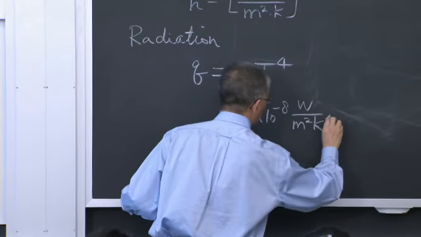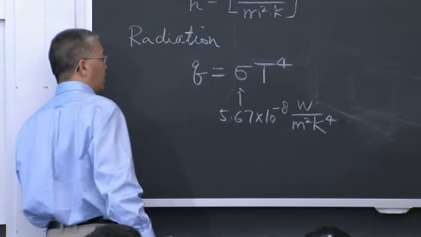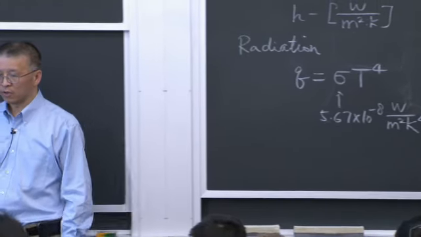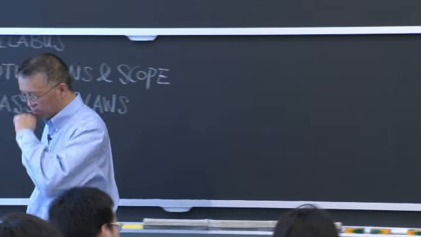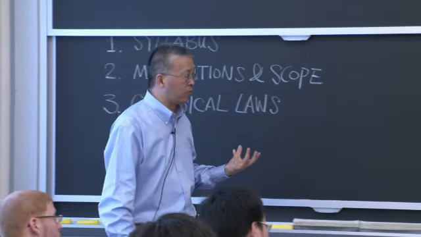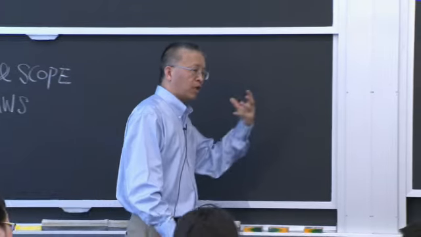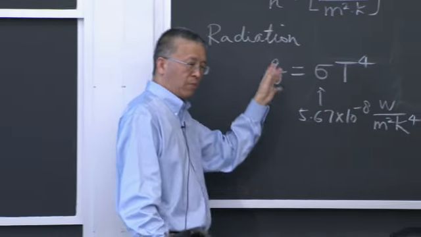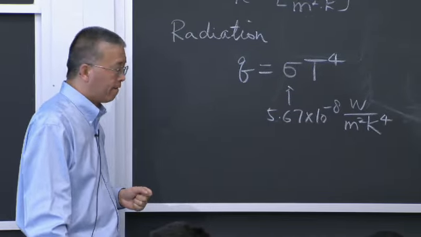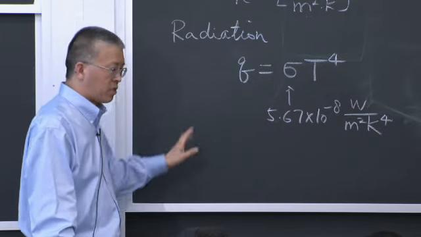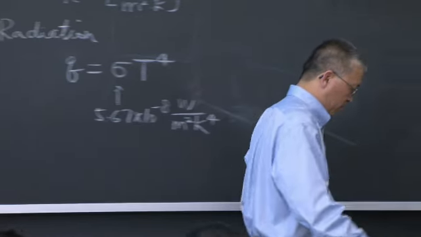And in this case, because it's not linear with temperature, you have to use Kelvin to the fourth power. And I already commented before, if we go nano, we can go way beyond this. Okay? So those are the heat transfer laws.